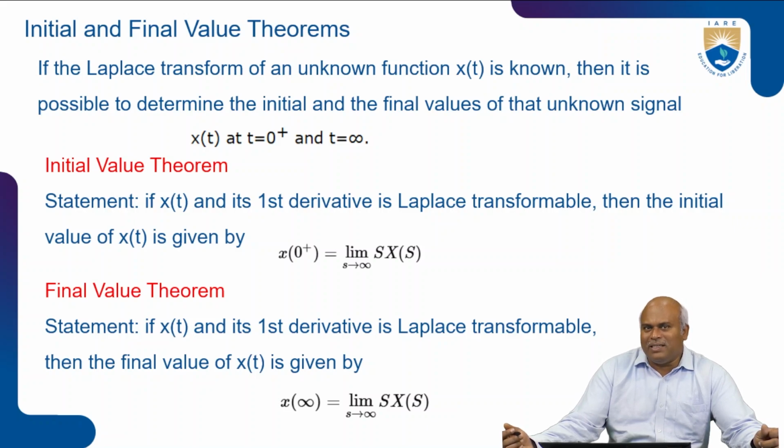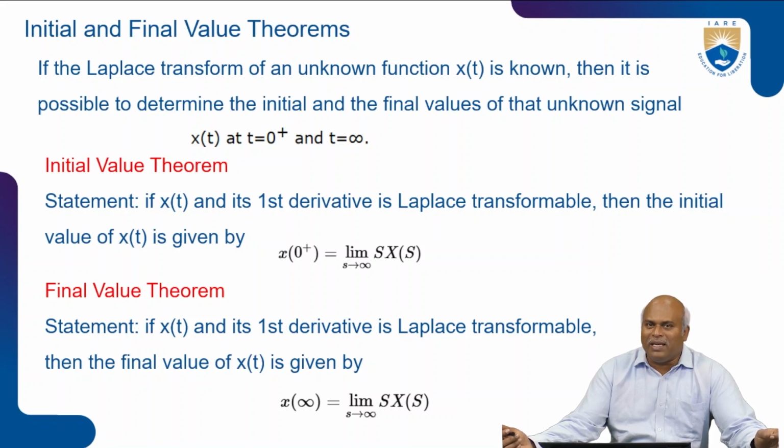Let x of t be a continuous time signal, with a first derivative that has a Laplace transform. Then the initial value of x of t is given by x of 0 plus equal to limit s tends to infinity of s x of s.